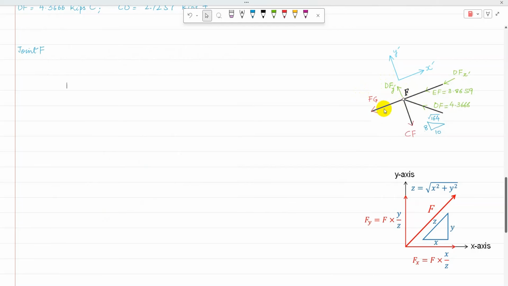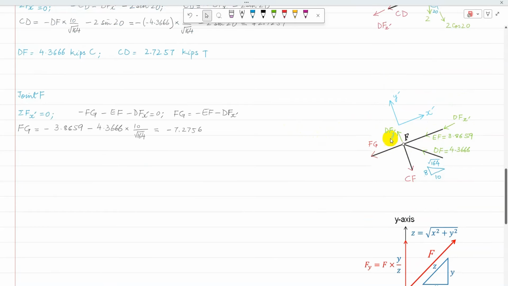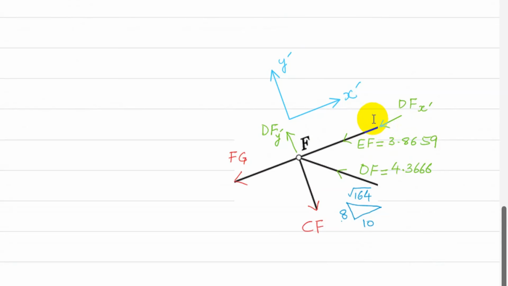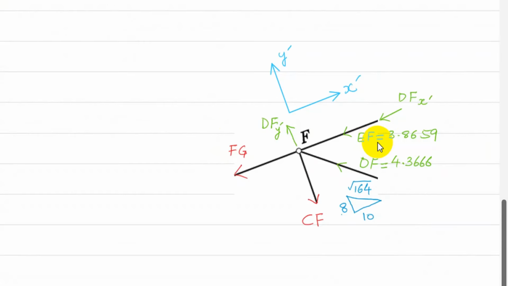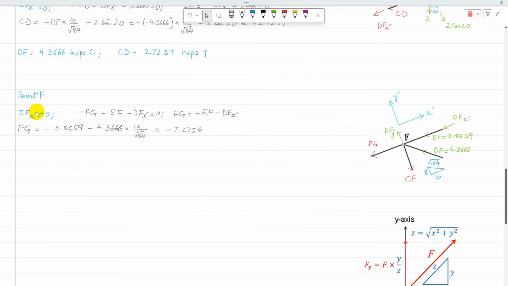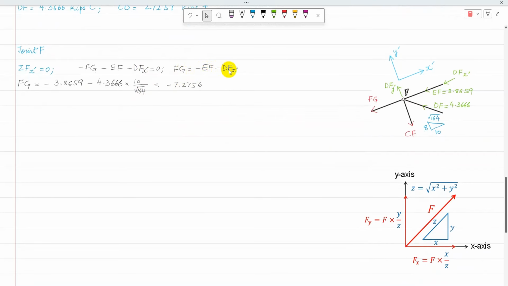At this joint only FG is required, so I'm going to apply sigma Fx' equal to 0. Along the x' axis, DFx is negative, FG is negative, and the other one, EF, is also negative. Applying sigma Fx' equal to 0, minus FG minus EF minus DFx'. FG is minus EF minus DFx'.